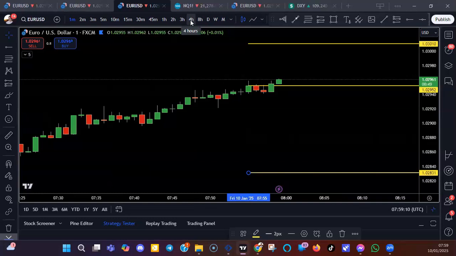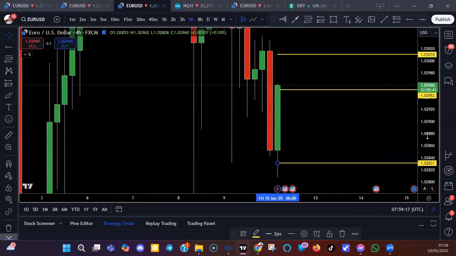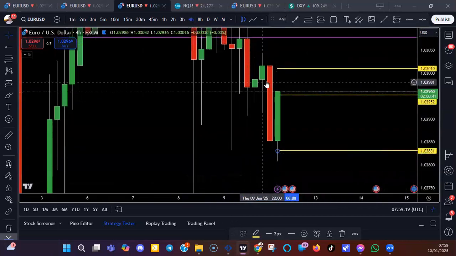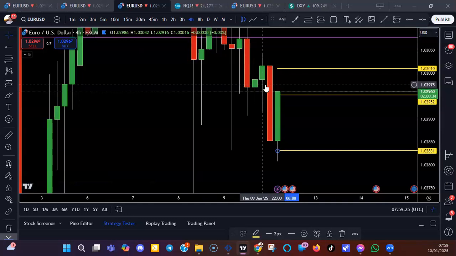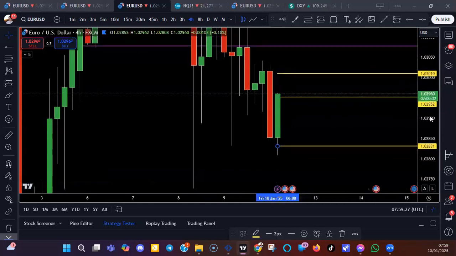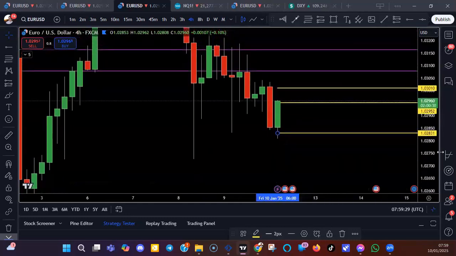Let's just look for areas of imbalance, if there is any. Well, this candle here on the 4-hourly is all in balance. So no, what am I talking about? Sorry, it's not. I do apologize, it's early in the morning for me.